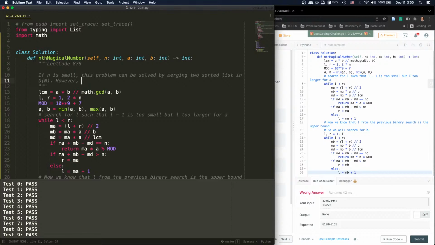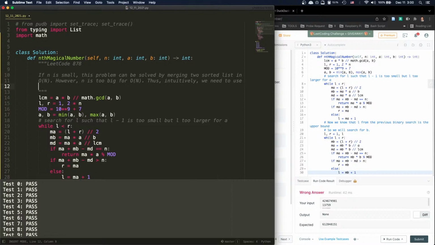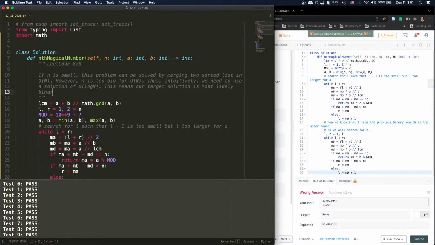However, n is too big for O(n), thus intuitively we need to use a solution of O(log n), right? This means our target solution is most likely binary search.